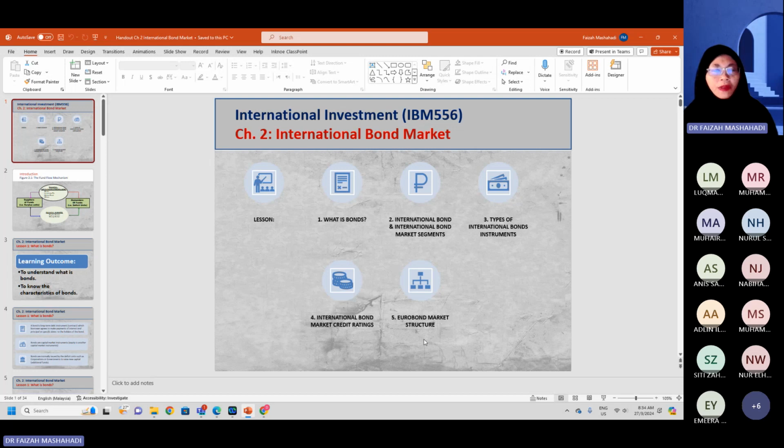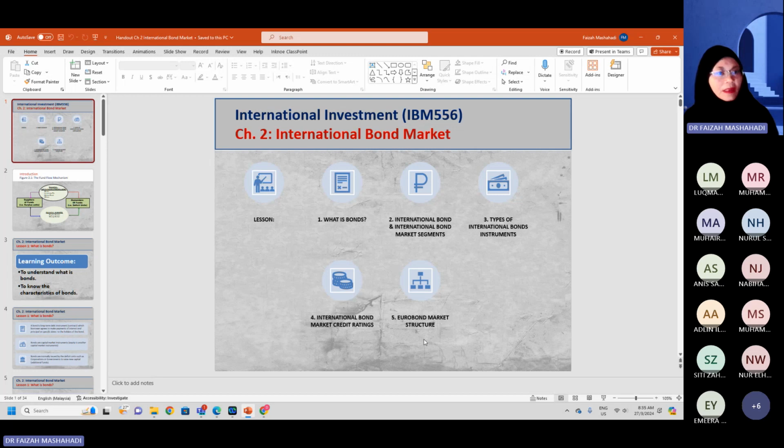So bonds can be divided into several categories. The first and the most basic type of bond is the domestic bond. This is when the deficit unit issues a bond in its home country, and that bond is sold within the home country. That is what we call the most basic type of bond, the domestic bond, right?